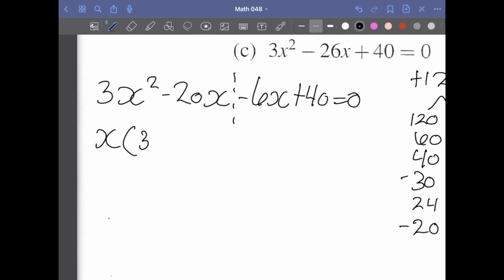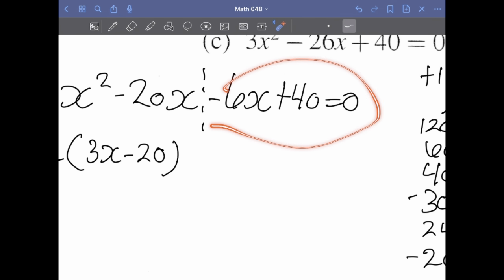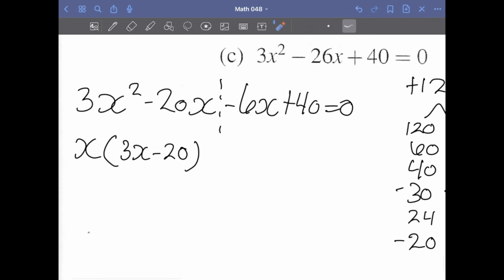And I'm left with 3x minus 20. And over here, I can see that 2 is common in both, so I'm going to factor out minus 2. So when I factor out minus 2, I'm left with positive 3x, and then 40 divided by negative 2 is minus 20.